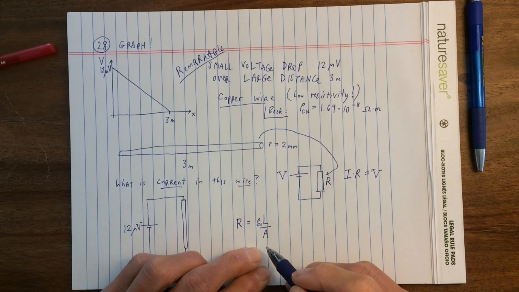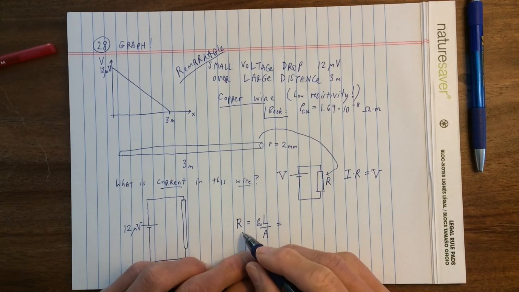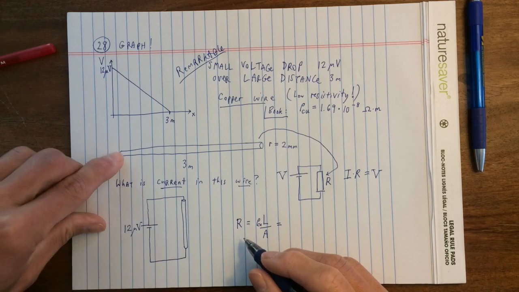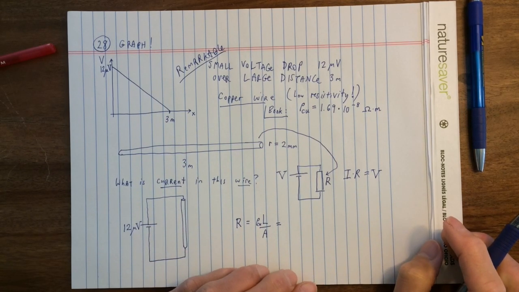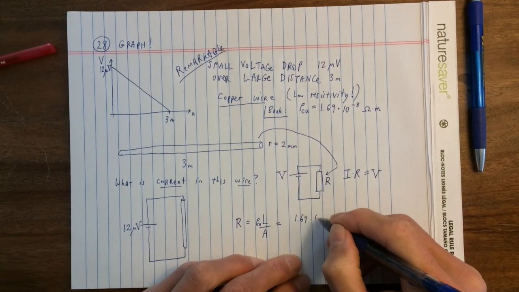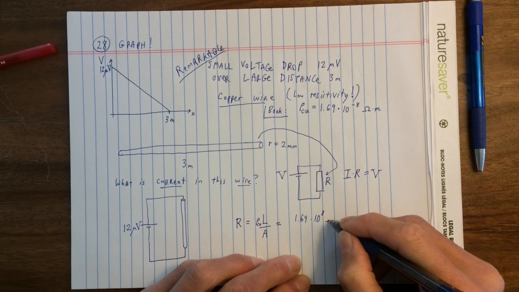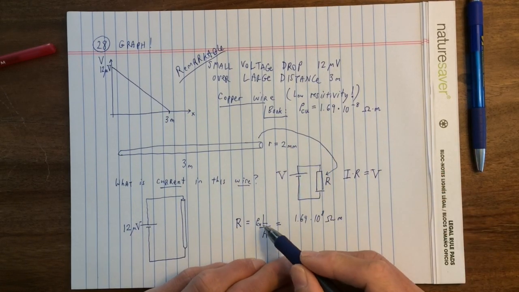So the resistivity that I need to put there is this resistivity here. So I can actually describe the resistance of this. It's essentially of a very highly conductive wire. So it's 1.69 times 10 to the 8th ohm meters. That's the resistivity. Sits right there.